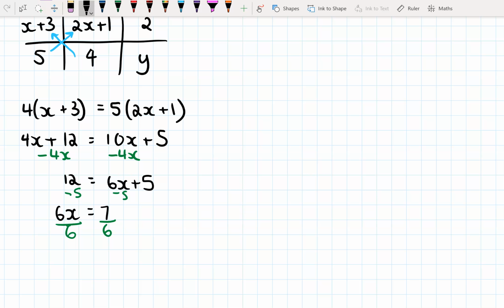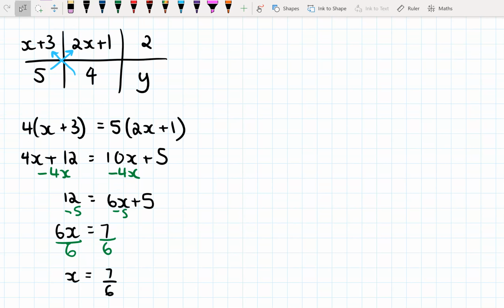Okay, so we've ended up with a horrible number, but that's okay. So we're going to get x is equal to 7 over 6, and I'm going to leave it like that. Okay, so now that we've done that, we now know our value for x. Okay, we can use this to now do the second part of this multiplication, to find y.